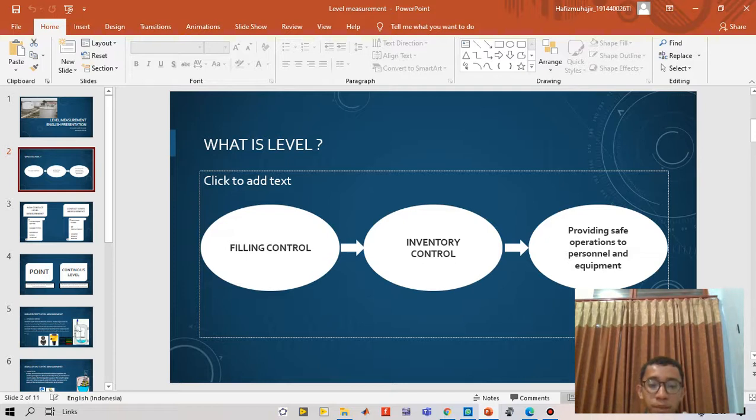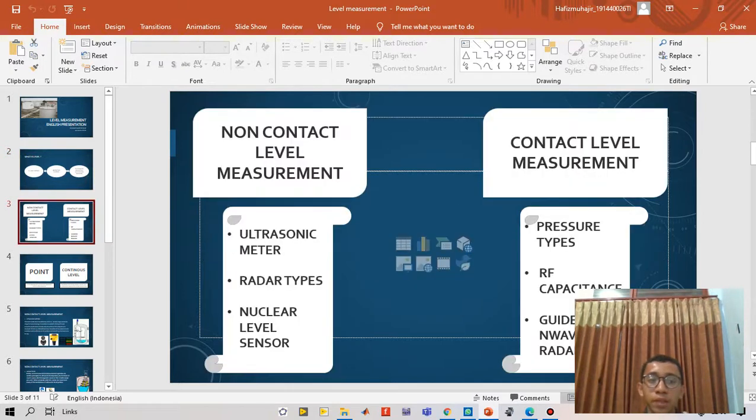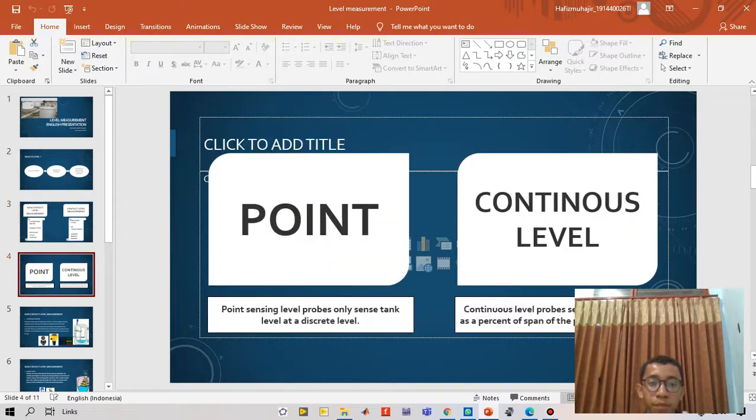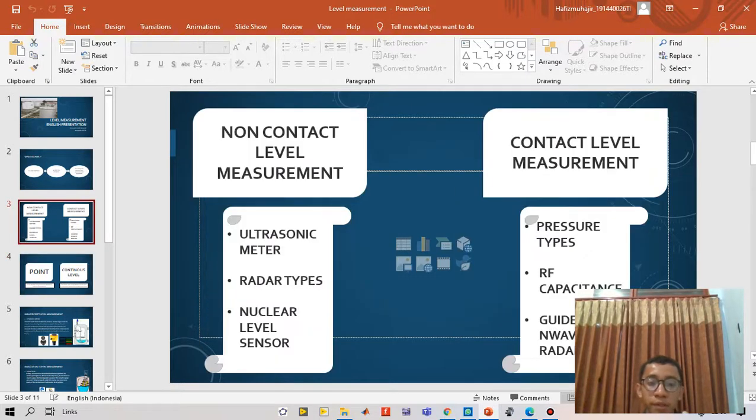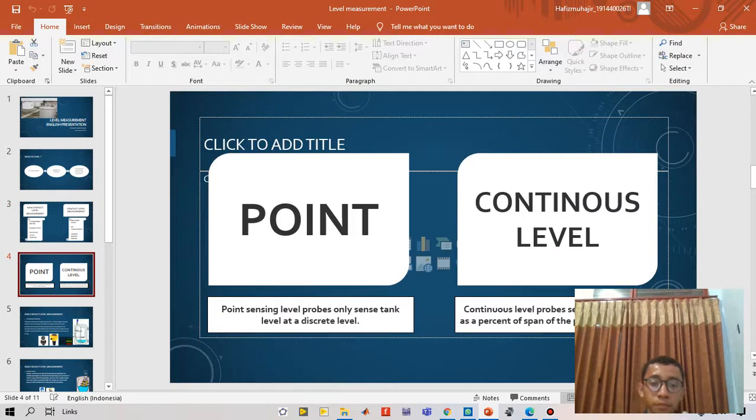Level measurement technologies can be placed into one of two groups, contact and non-contact, and level sensors in each of these groups can be of the continuous or point variety. Point and continuous level. Point sense level probes only sense tank level at discrete levels.